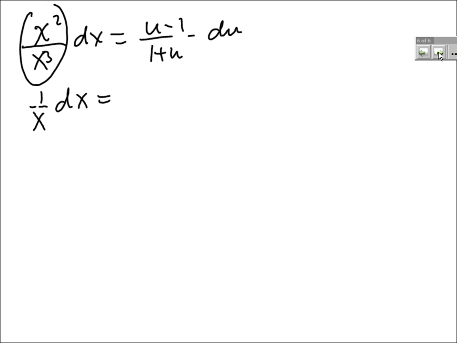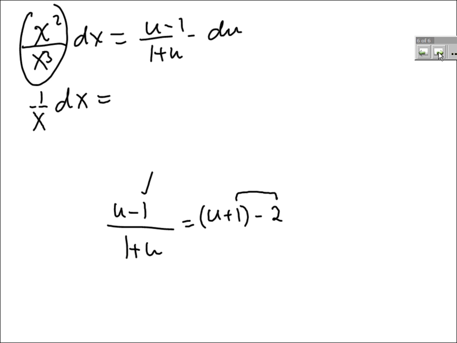Now, what I like to do here is, when I have 1 plus u in the bottom, or u plus 1 in the bottom, I like to have u plus 1 on the top. Well, I can add 1, but then I have to take away 1. 1 minus 2 is minus 1.